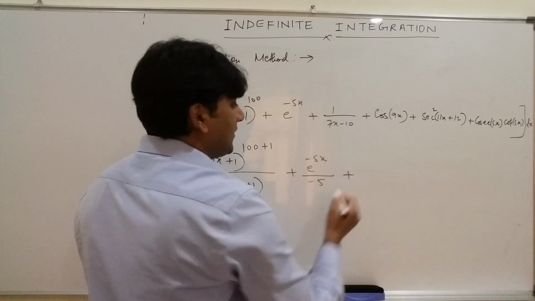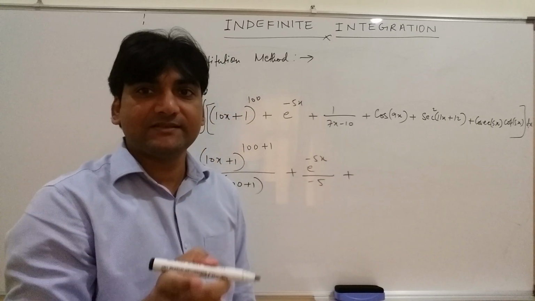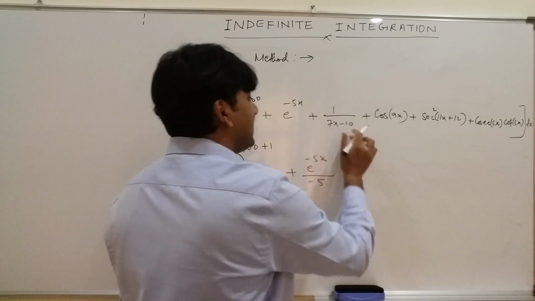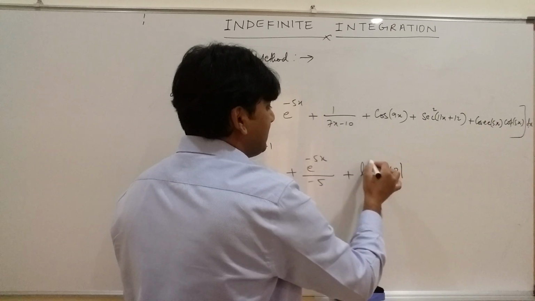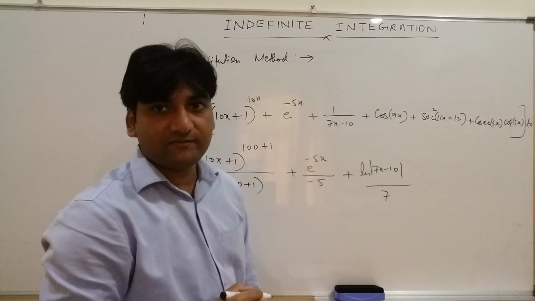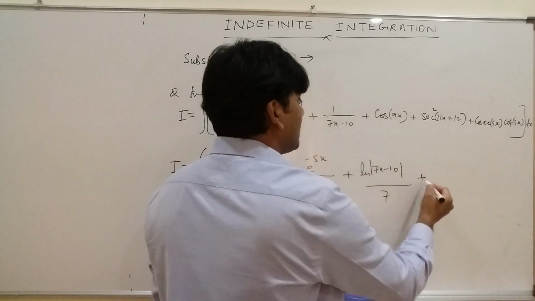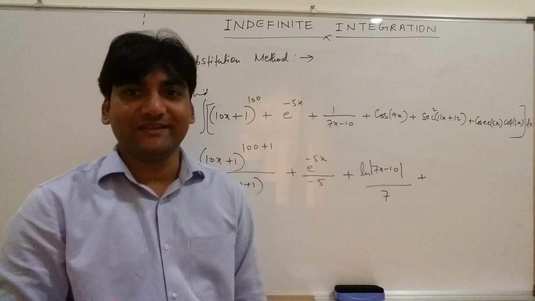Now 1 over x integration is ln x. So this is 1 over 7x minus 10, it would be ln of 7x minus 10, but the x coefficient is 7, so 7 will come in the denominator, right? Now cos x integration is sin x.